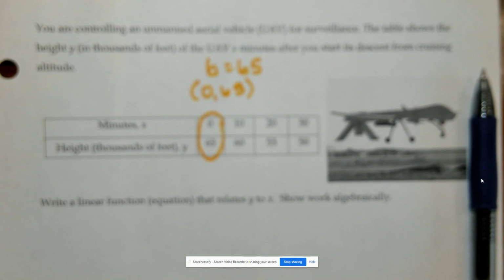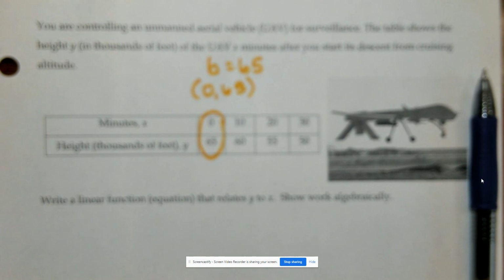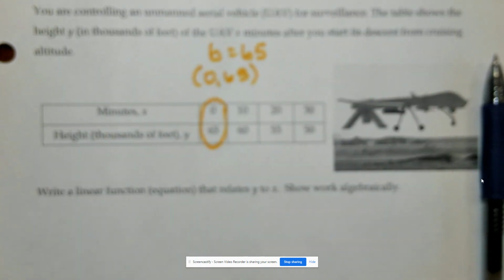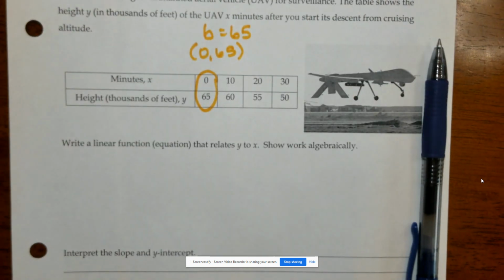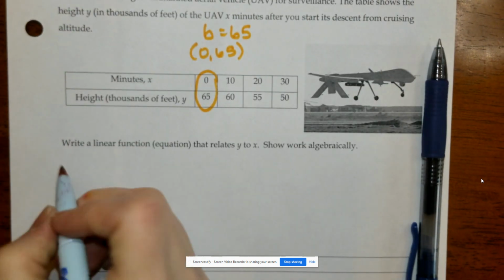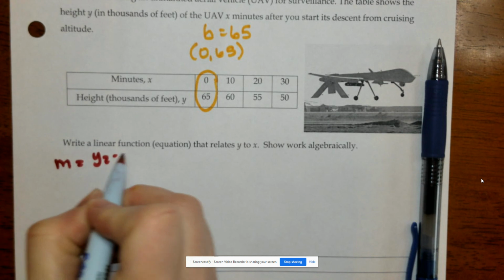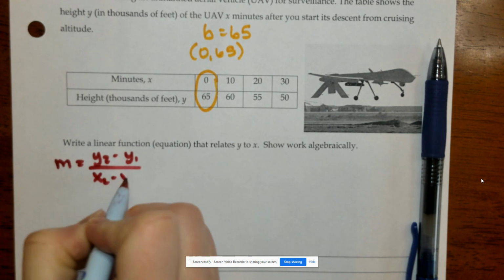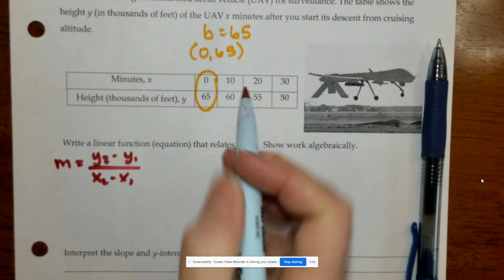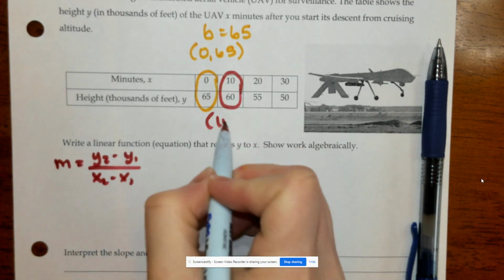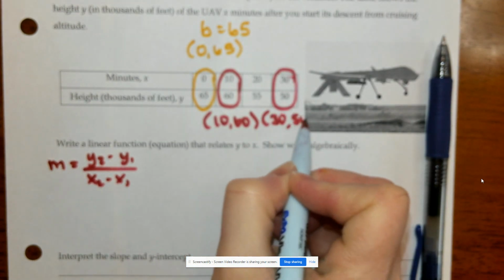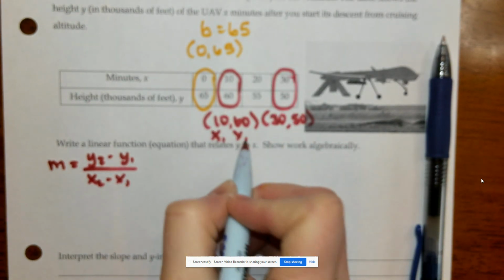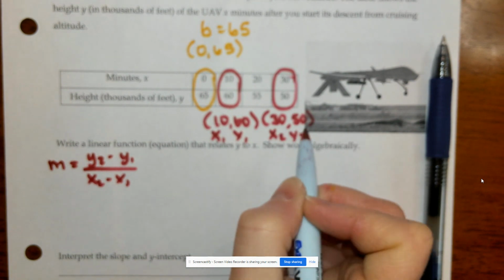The other thing it's saying is, write a linear function, write an equation. So we are also going to need the slope. Now, slope, not terrible because we have coordinates, so we can easily use the slope formula, y2 minus y1 over x2 minus x1. We can pick whichever two coordinates we want. I'm going to pick 10, 60, and I'm going to pick 30, 50 because everything ends with zeros, and I like that. X1, Y1, X2, Y2.